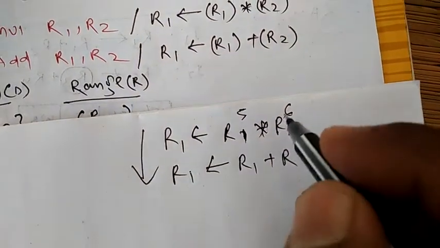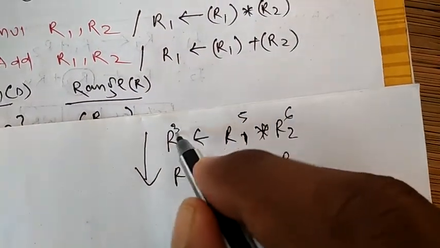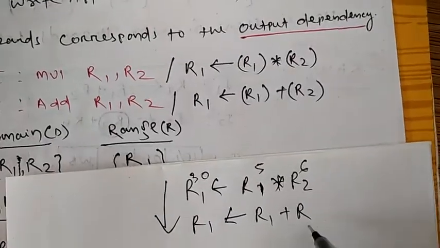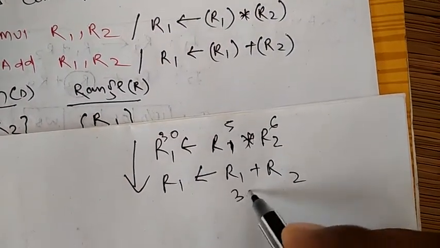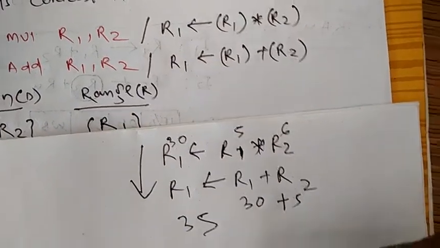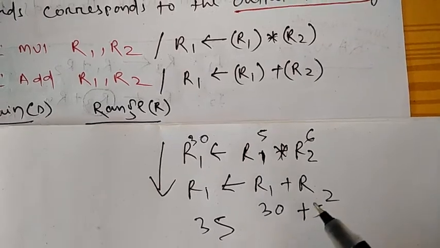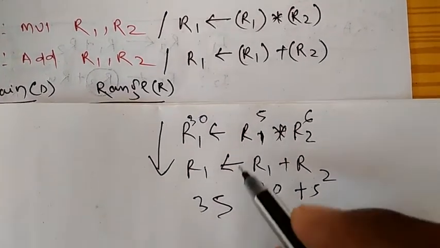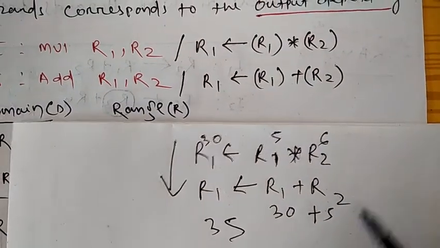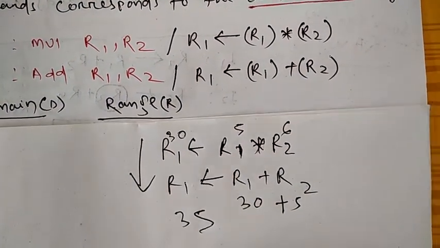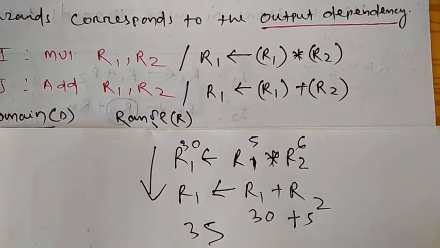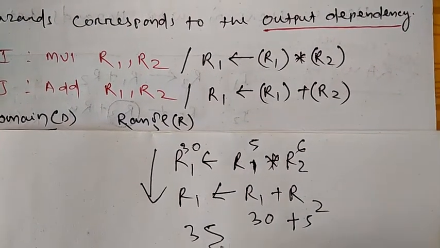The output will be what? 6 into 5 is what? 30. So this is the r2 value. So 30 plus 5, so 35 will be the result. Okay, but if they are following the normal sequential order, then no hazard will be created. So finally the r1 value will get 35. If there are any hazards, then what happens?